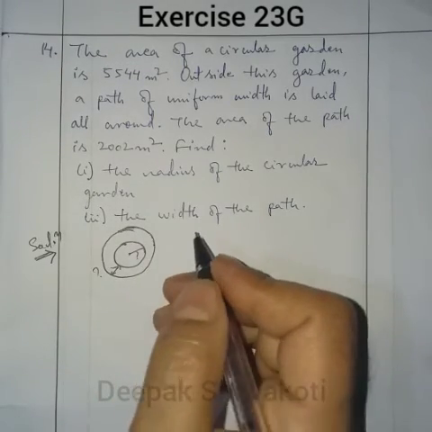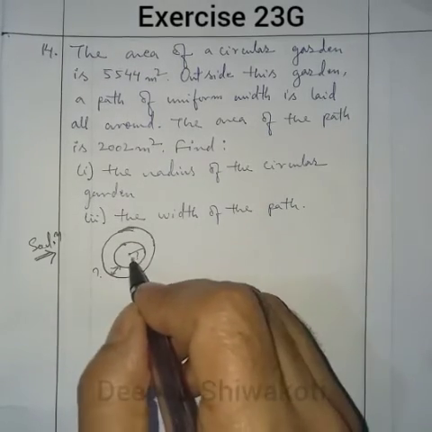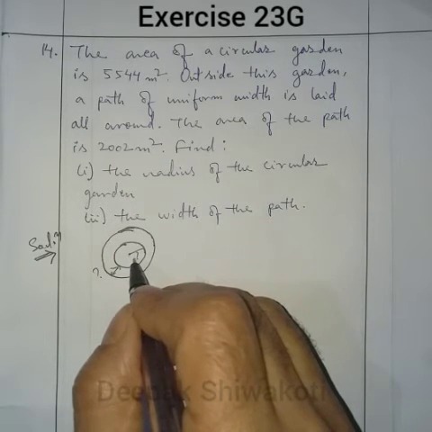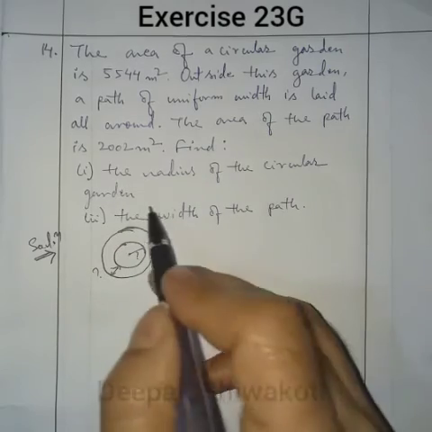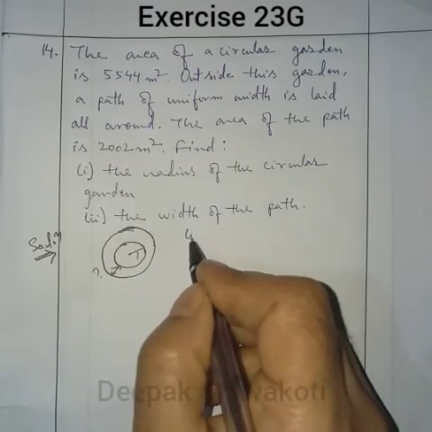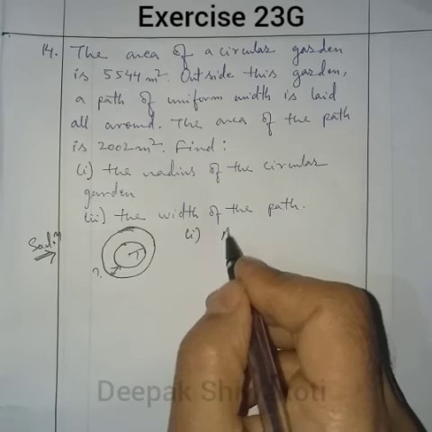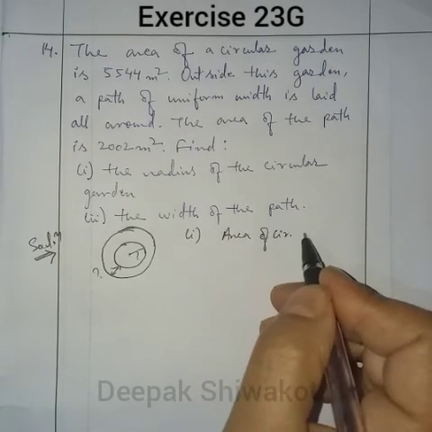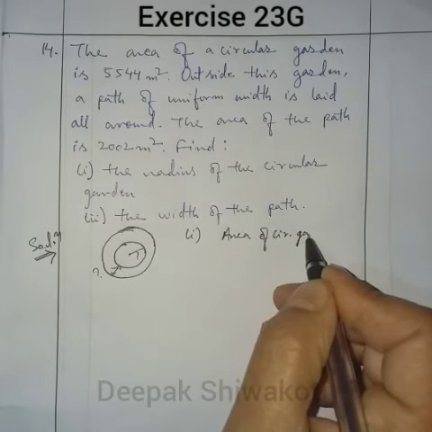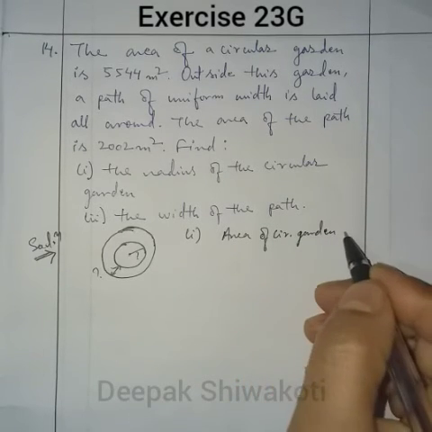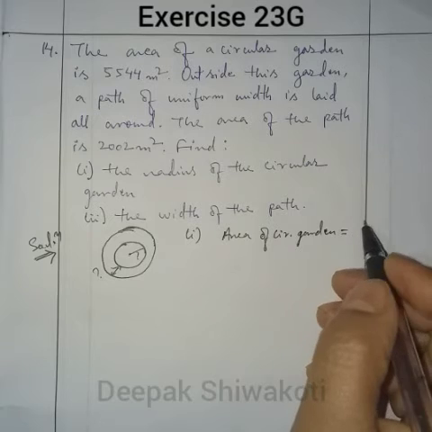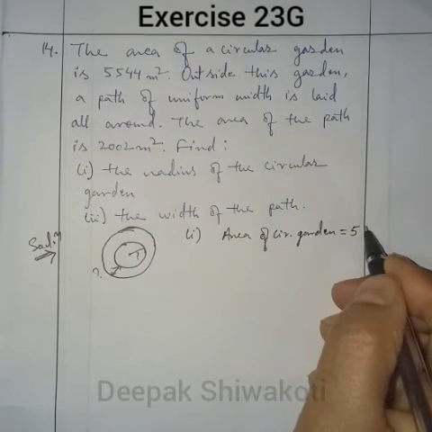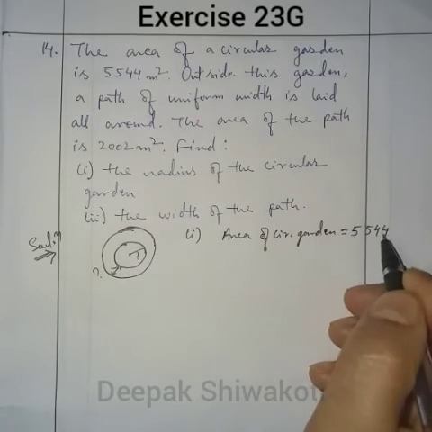So now we'll start with the area of this circular garden to find its radius, which is asked here. Number 1, area of circular garden is equal to πr², or 5,544 meters square.